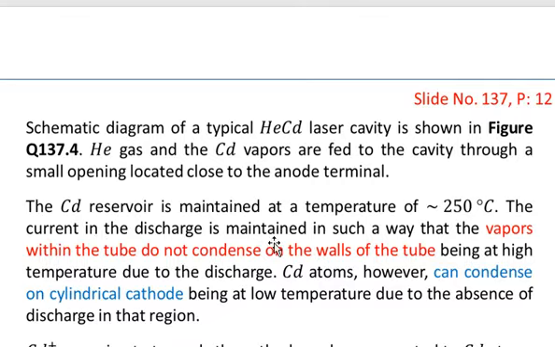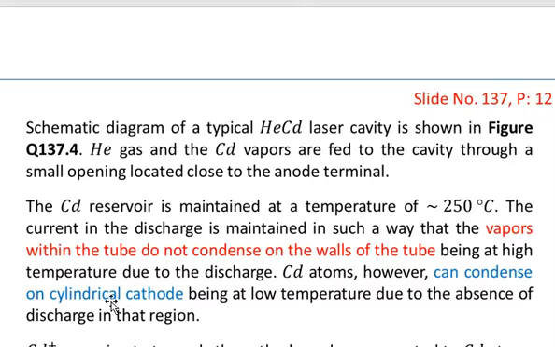The current in the discharge is maintained in such a way that vapors within the tube do not condense on the walls of the tube, being at high temperature due to the discharge. Cadmium atoms, however, can condense on the cylindrical cathode.